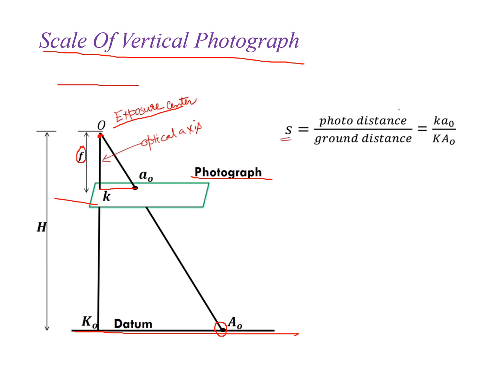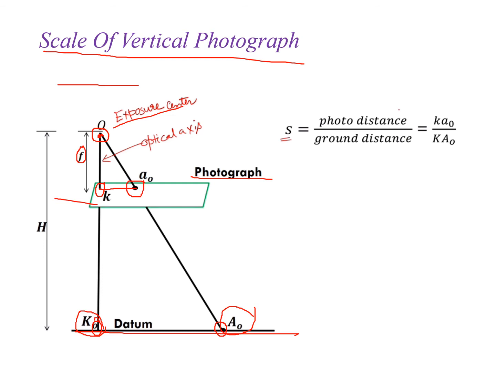If you draw a ray from this A0, it will pass through this exposure point, so this A0 will appear on your positive plane somewhere here. Similarly, if K0 is the point vertically below, and you draw a line from this O point up to this K0, that point will appear as K on your photograph.